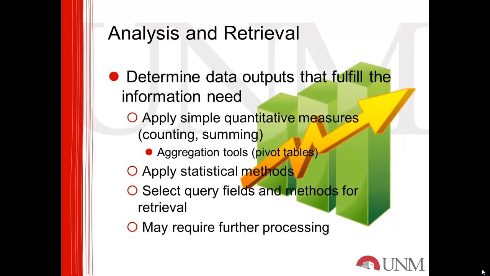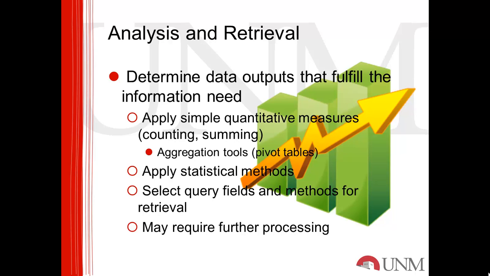If we're dealing with research data at this point, we might also start applying some advanced statistical methods to it, regression analysis and so forth. And also, if we're going to design the data set so that it can be queried, such as a large database that we want people to be able to search against thousands of records, and you can't report the entire set of data easily to everybody, we would need to determine what would be the best access points or retrieval or query fields for that information.